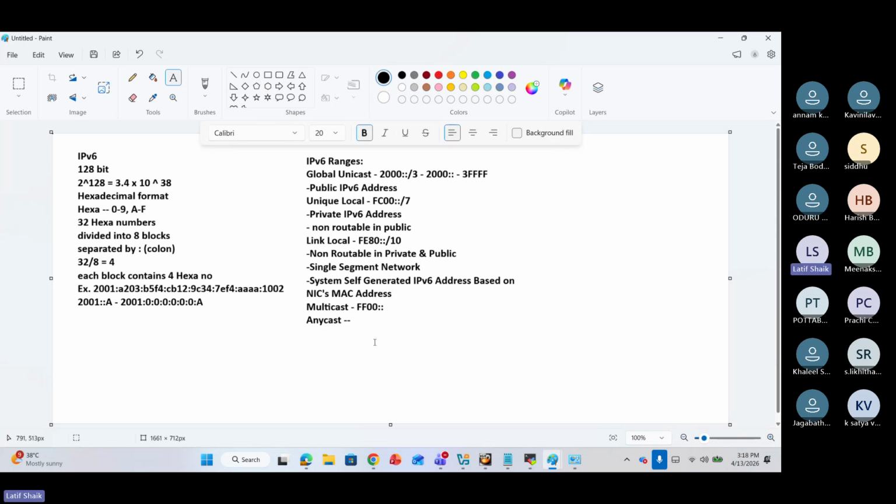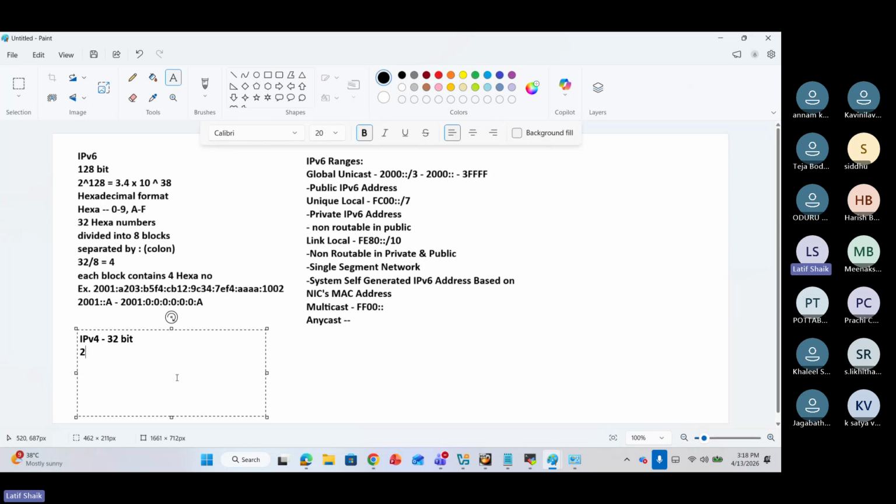IPv4 to IPv6 differences. Of course, IPv4 is 32 bits in size, and IPv6 is 128 bits.